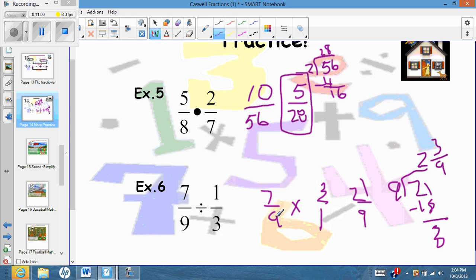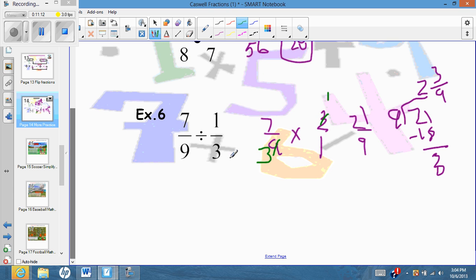So let's see if I cross cancel. Get a different color. 3 can go into 3 once. 3 can go into 9 3 times. Okay, so now if I multiply, 7 times 1 is 7, and 3 times 1 is 3. Now let's simplify that.